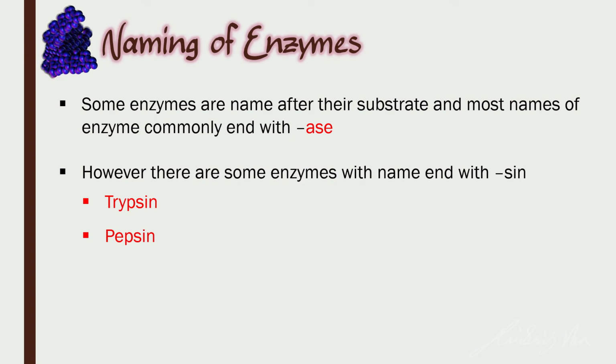Most enzymes are named after their substrate, and most names of enzymes commonly end with the letters A-S-E. However, you will also encounter some enzymes in the next chapter that end with S-I-N, for example, trypsin and pepsin.